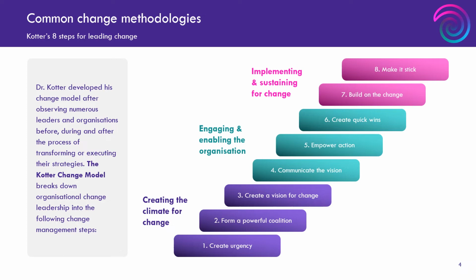But as you can see, going from the purple, green to the pink up the slide, it's ultimately about initially creating the climate for change, creating that sense of urgency, helping people understand why change is necessary, forming some real coalition around it, then bringing it to life by engaging people, communicating with them, helping them understand what's going to happen, bringing some quick wins, empowering people, and then moving on to sustaining and adopting, making it stick, ensuring that it's difficult for employees to go back into old ways of working, and they're supported in adopting and fully engaging with any new ways of working that might be implemented.